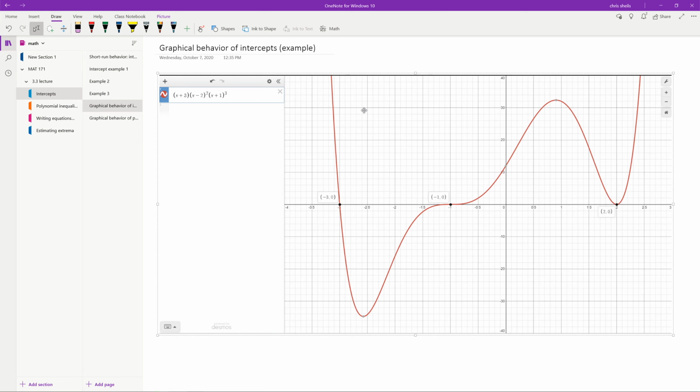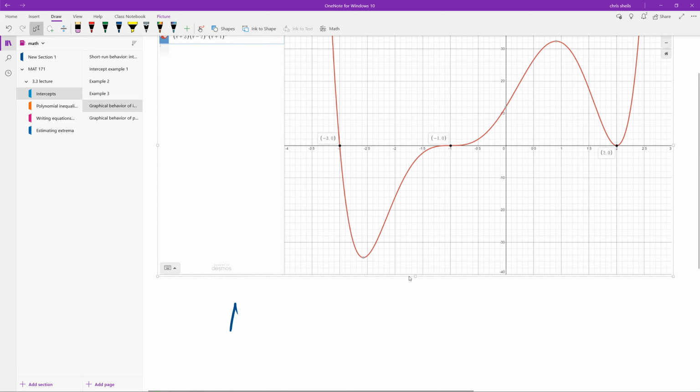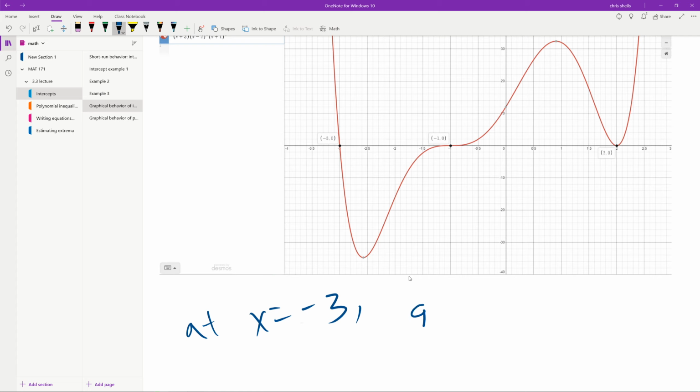Notice that the behavior at each of my horizontal intercepts here is different. If we look at this far left intercept at x equals negative 3, notice that the graph passes directly through the horizontal intercept.